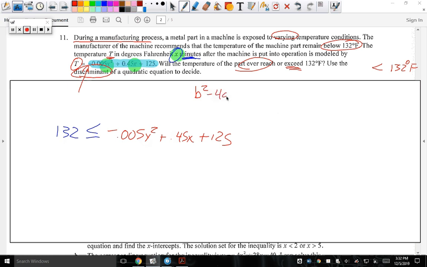B squared minus 4AC, we're going to see what kind of answers we're going to get. From this equation, B is 0.45, A is negative 0.005, and C is 125, and we are multiplying 4AC. Now listen.